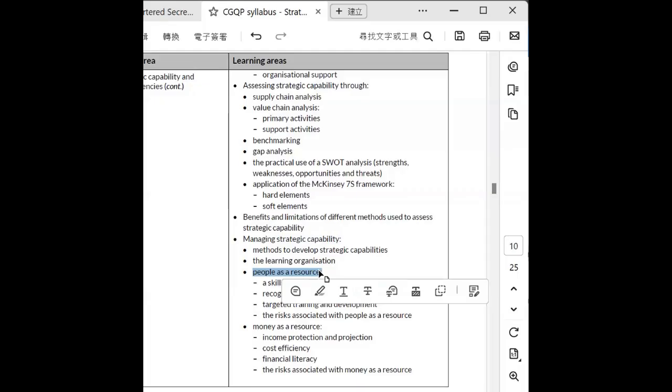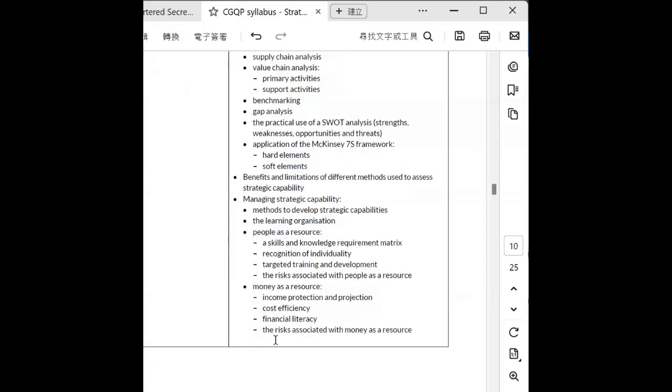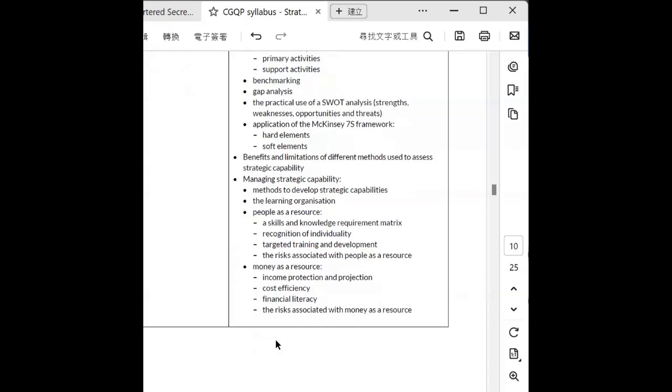We have to tailor roles and development paths for personal strengths. We have to provide targeted training and development, that sort of thing. Then there are the resources. Again, it is important to have financial resources, and they must be managed strategically to support growth, innovation, and resilience.